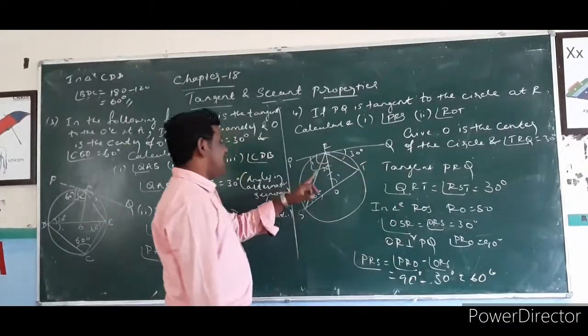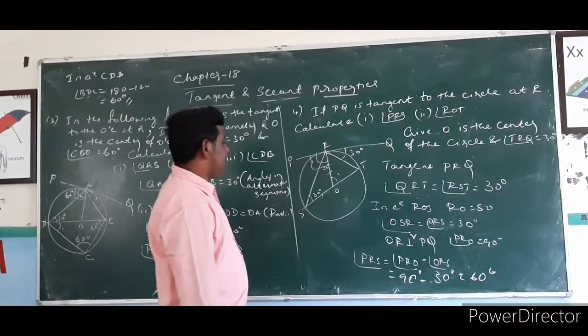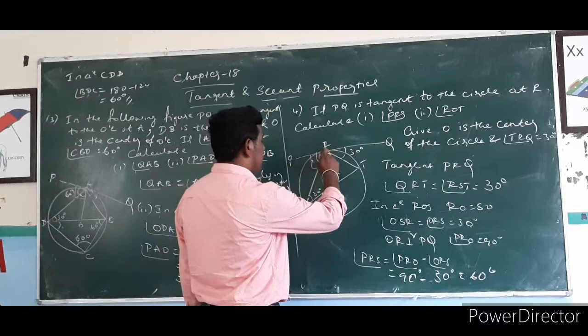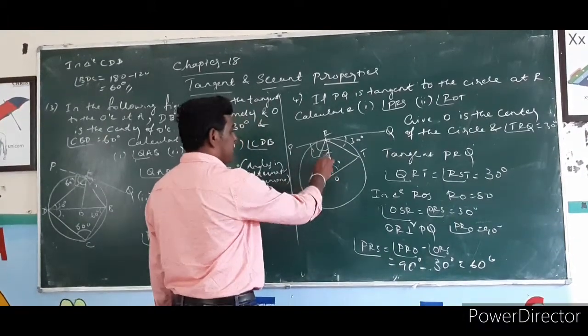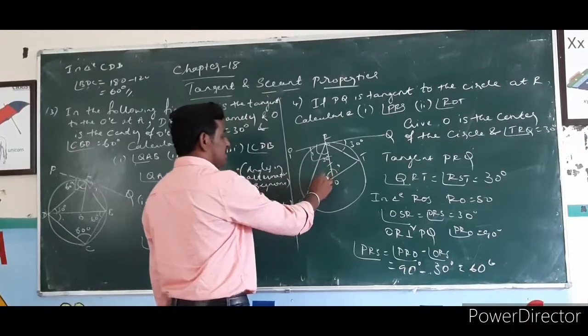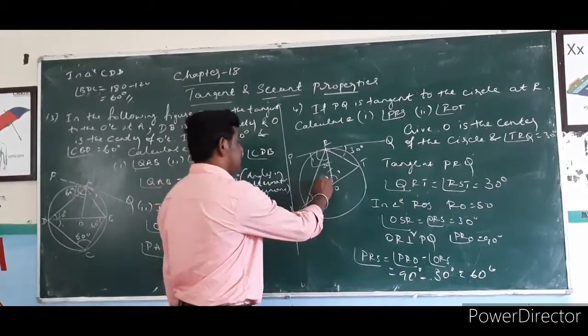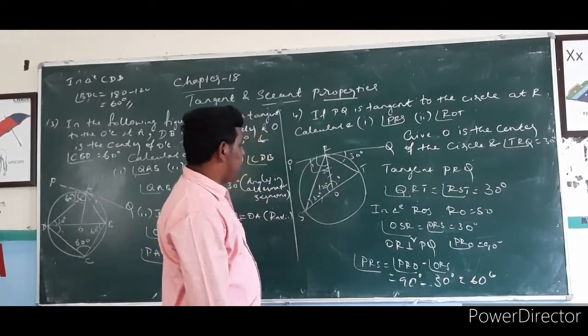So PRS is 60 degree. Next we want to find out ROT. This is 30, this is 30, means 60. In 180, 60 will go, means this is 120 degree. We can easily find out here.